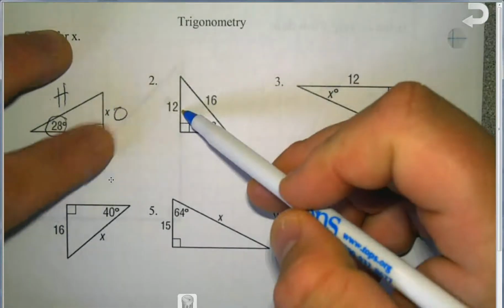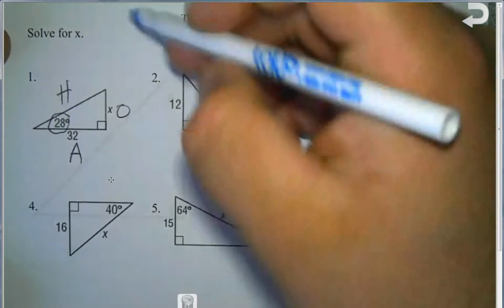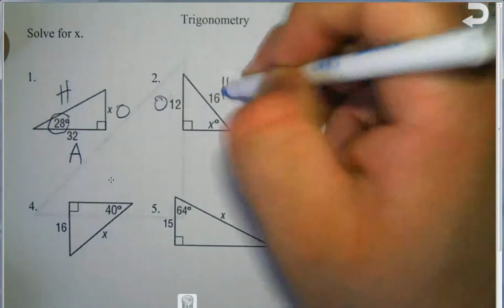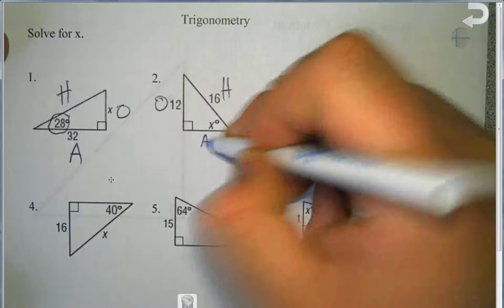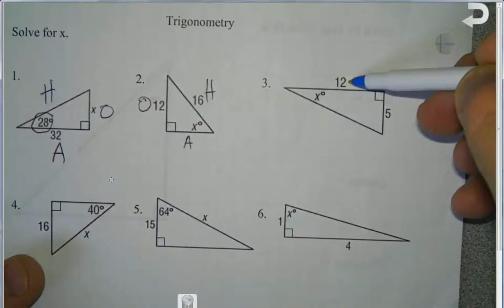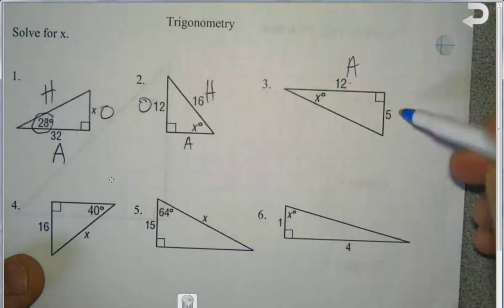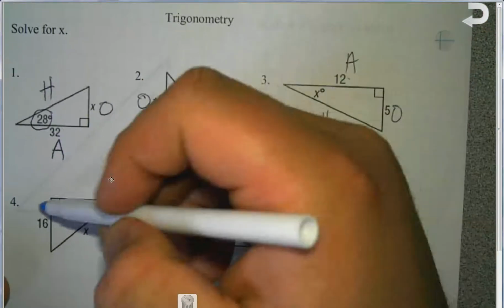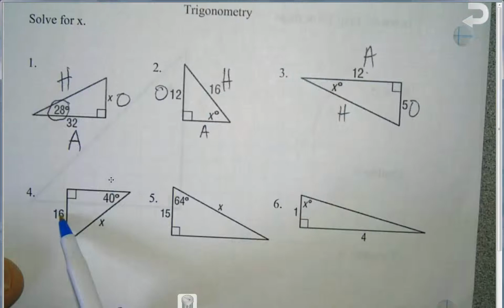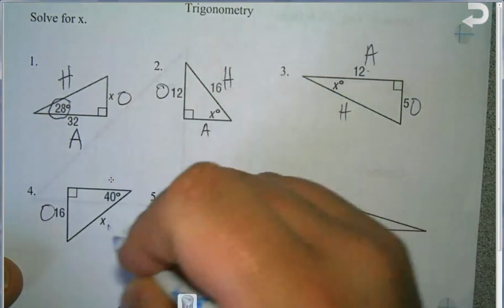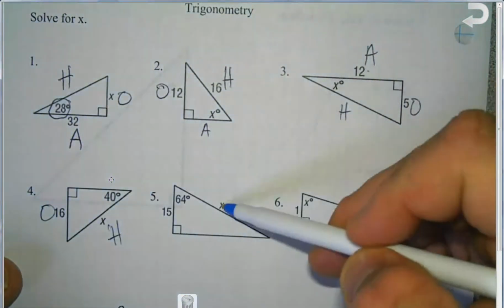So, Kiara, number 12, what letter goes with that? Brandon? H. Okay. And then obviously this would have been the adjacent. Nancy? What letter? Okay. Jeffrey? All right. Sarah? O. Jennifer? H. Chandler?